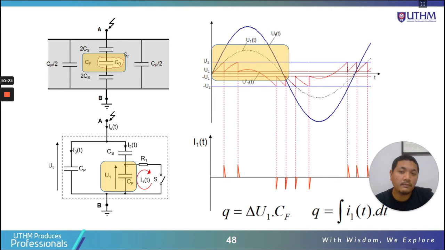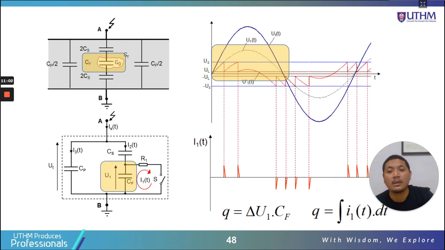Why a different value of capacitor? Because different insulating materials have different permittivity. We know that capacitance depends on the permittivity of the insulation material. Solid insulation permittivity is different from air, so that's why the value of capacitance is different.